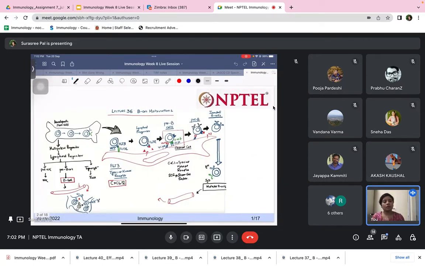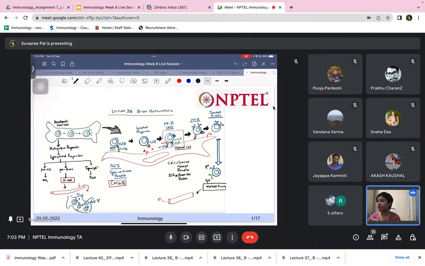Okay, so firstly we are going to discuss B cell maturation, and we know that B cells, the population of B lymphocytes, mature from the hematopoietic stem cells in the bone marrow, right?